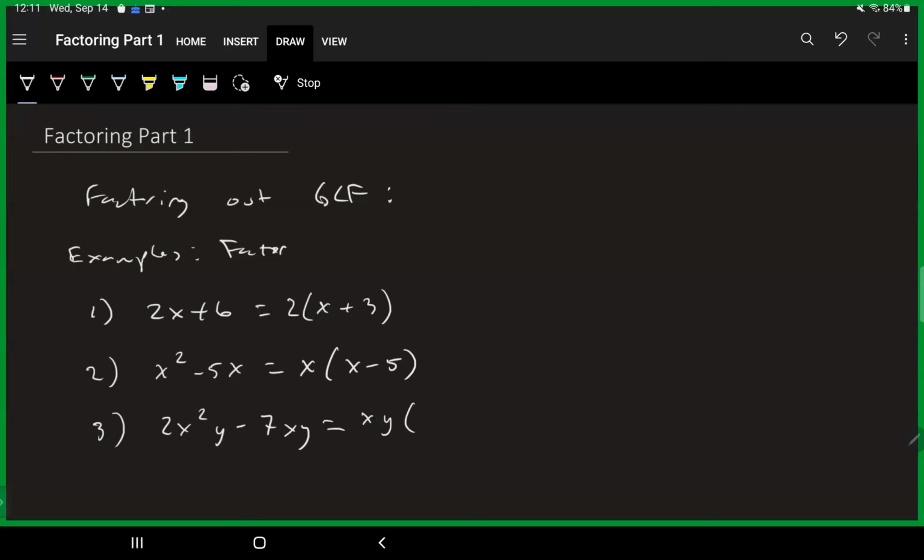And what's left over? If I'm looking at 2x squared y and I'm taking out an xy, I have a 2 left, and I have an x, but the y cancels out, and I am going to get minus 7 in the next part. And again, we can double check by distributing.